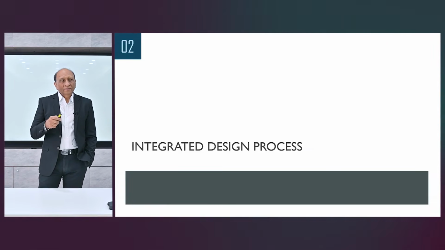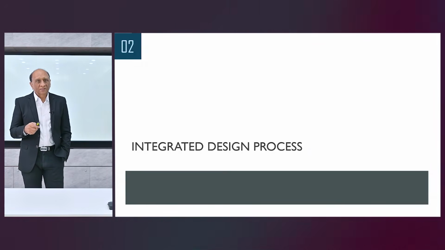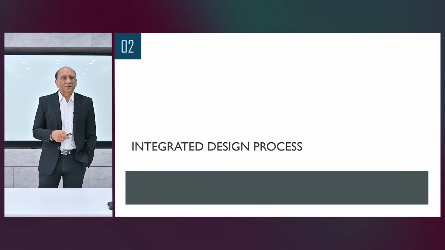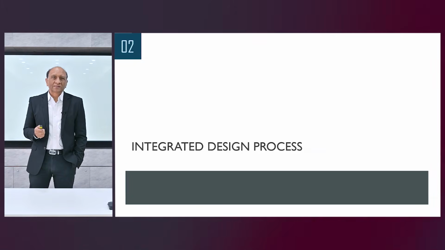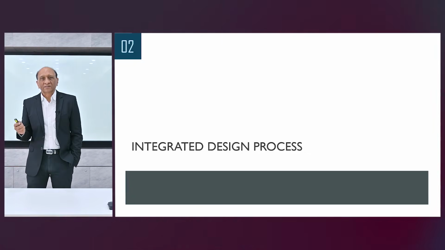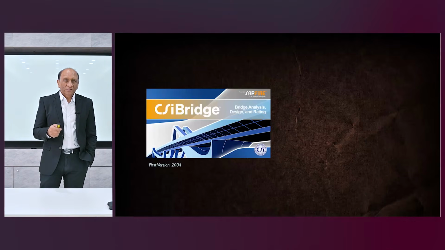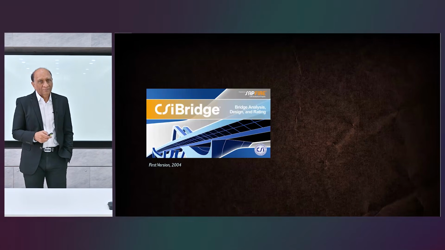Having that capability to define a bridge using its components also gives us the capability to integrate the design process. That means now we can integrate the entire design process because we have defined the components in a systematic parametric form.